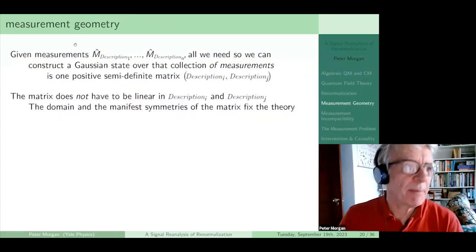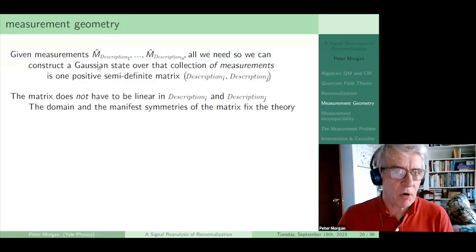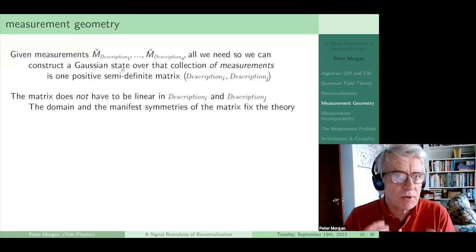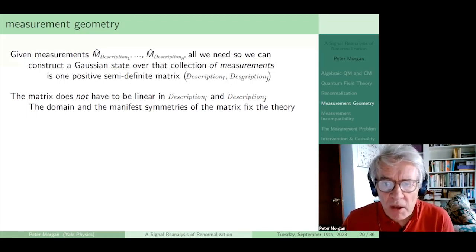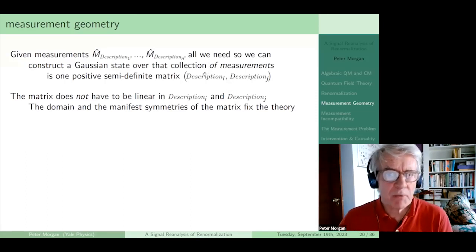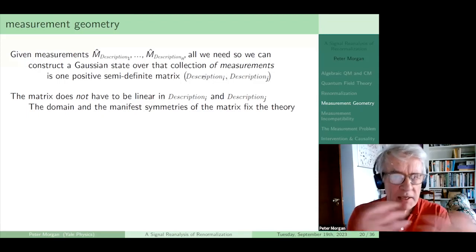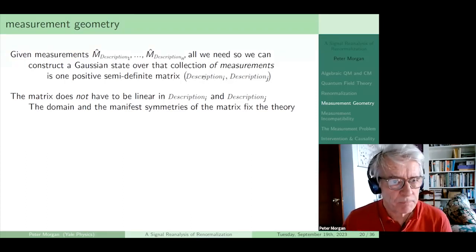So this is the one slide about quantum gravity. I've suggested that for a Gaussian state, all we need to be able to construct a quantum field theory, a quantum theory, is a positive semi-definite matrix, and it doesn't matter what the descriptions are, so long as we have a good formula for taking any two descriptions and giving us a result, and the matrix of values is a positive matrix.